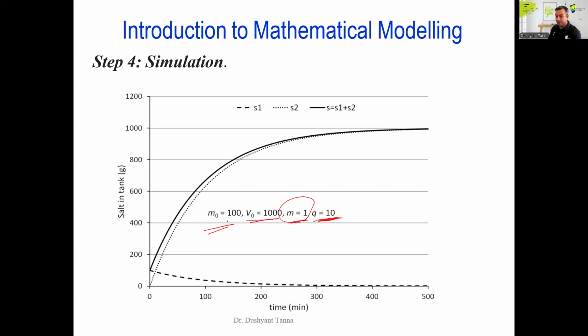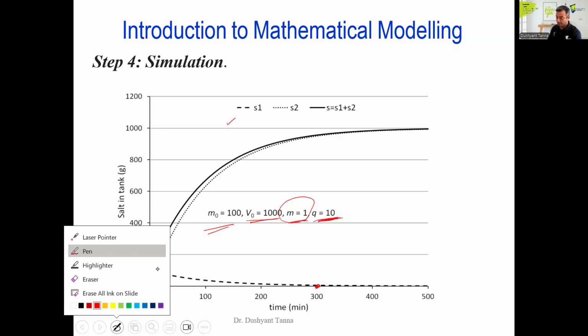So it started with 100, and then the dashed line, as you can see, slowly goes out as the time increases. Approximately over here, it's almost 0. So this is what S1 is. With S2, the upper dashed line, this is the fresh salt water, the new salt water.